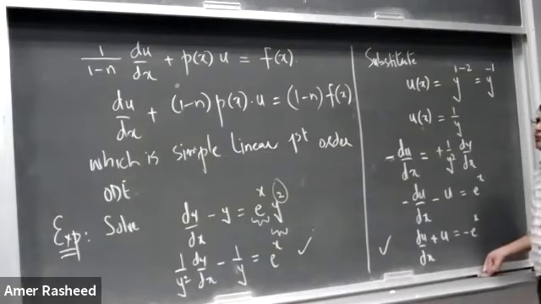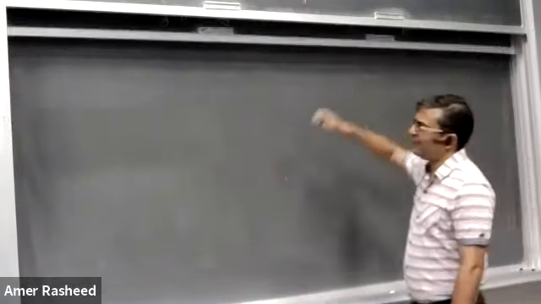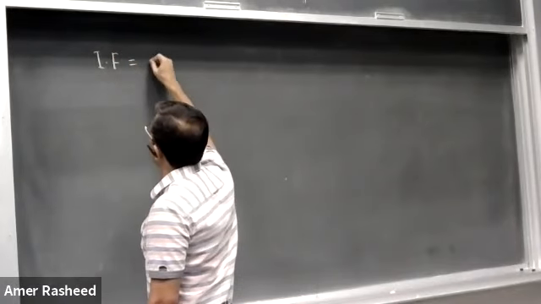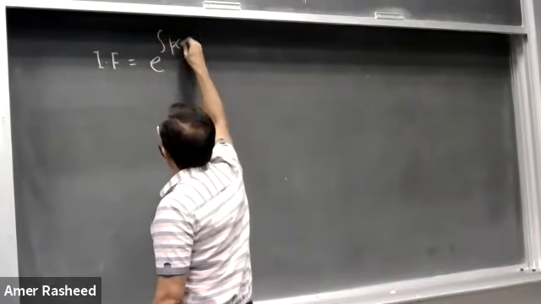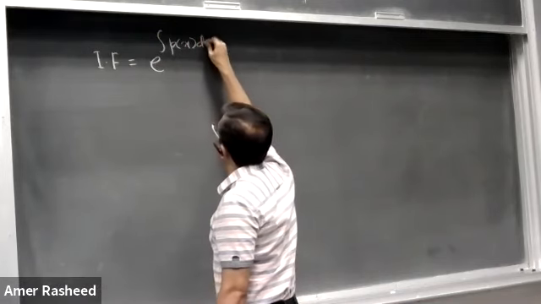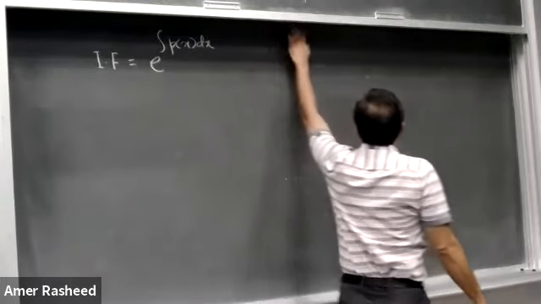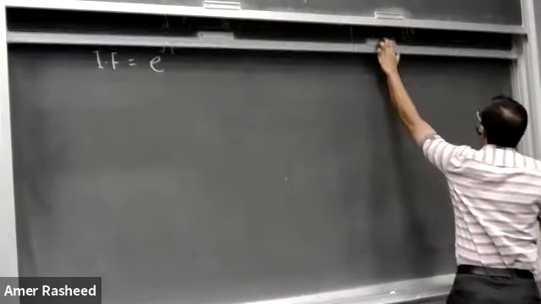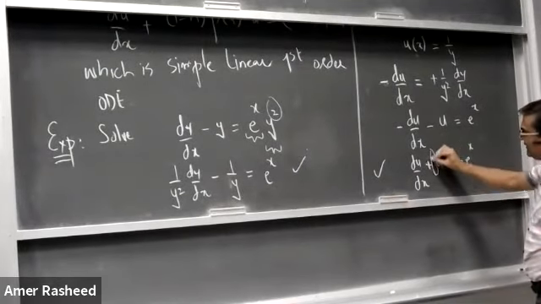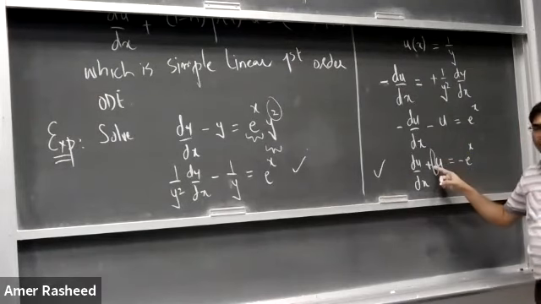We can solve this ODE by finding first the integrating factor. Integrating factor is what? E raised power integral p of x dx. What is p of x in this differential equation? In fact, the p of x arises here. The coefficient function of u should be p of x.